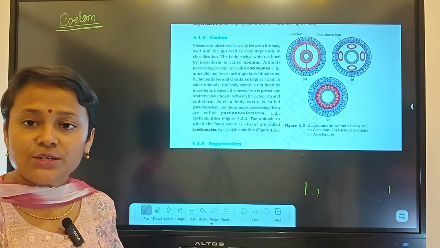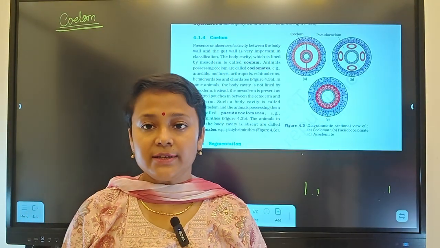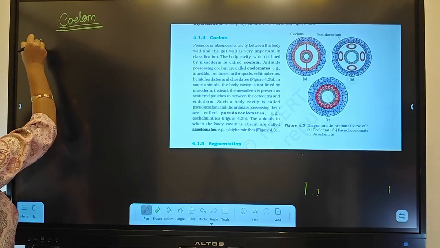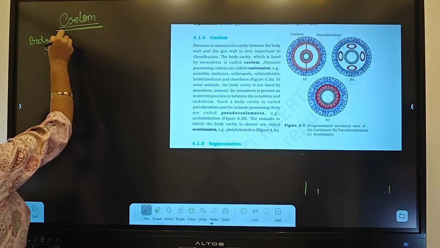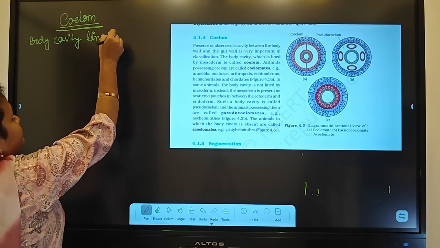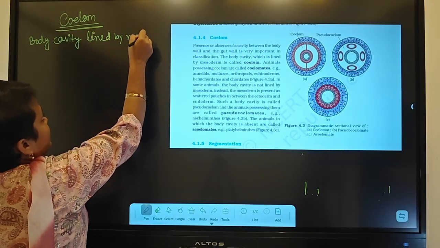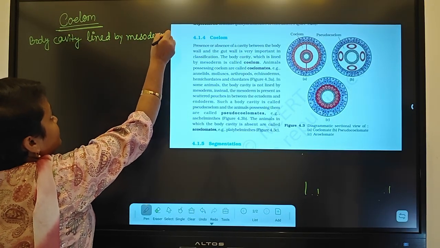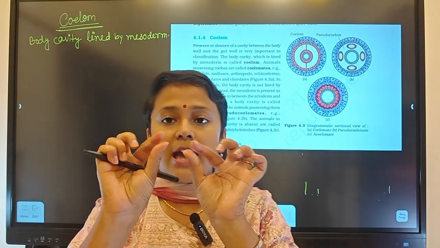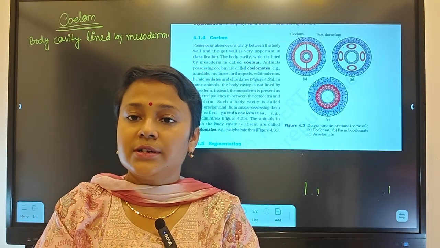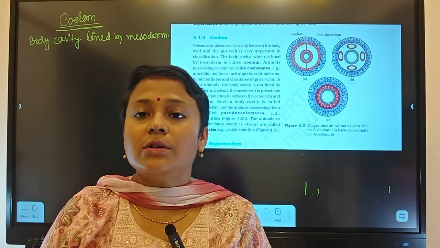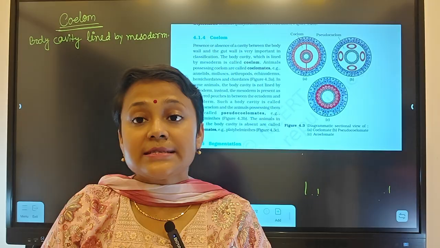The true definition of coelom is a body cavity lined by mesoderm. We have learned about mesoderm in the earlier slide. If any cavity is formed in the mesoderm, then it is called coelom.